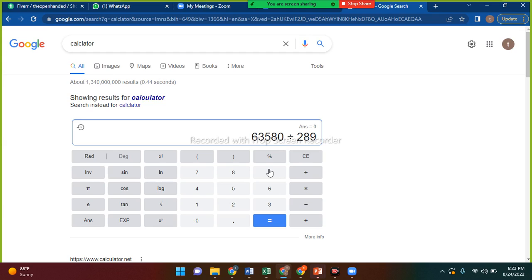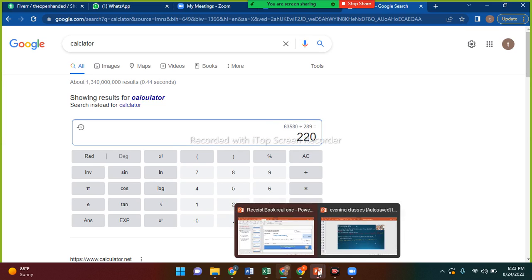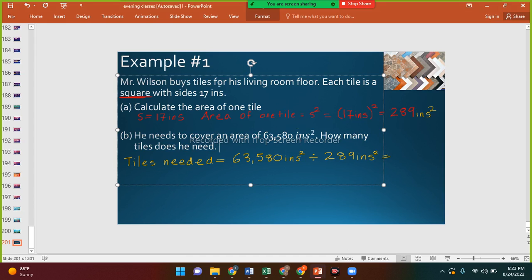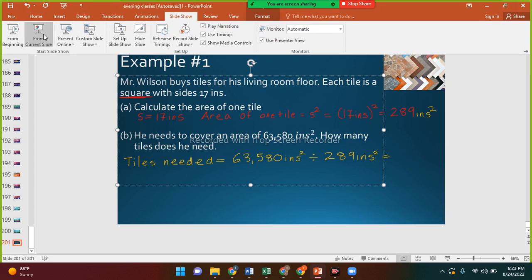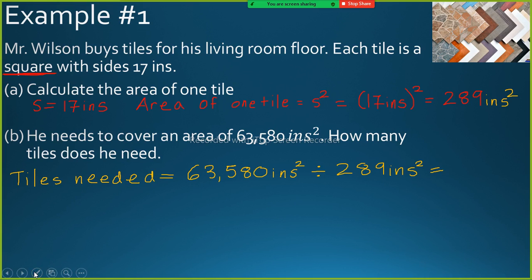Say it again. 220. I heard 200 and something. I got that too. 220. Okay. Yes, sir. Okay, good. So the number of tiles that he needs is going to be 220 tiles.